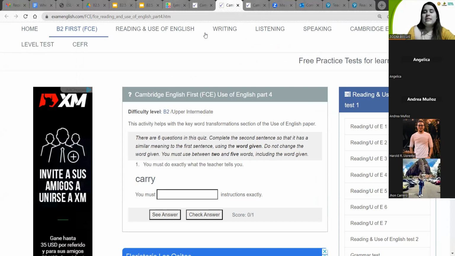This kind of exercise is one that you are already familiar with, because in every cycle, from the previous cycles, you did an exercise that was similar to this one, where you had to transform a sentence so that it has a similar meaning to the first one. So this kind of exercise is going to be part of the final exam. So you have to use the word given, paying extra attention to the tense, right?